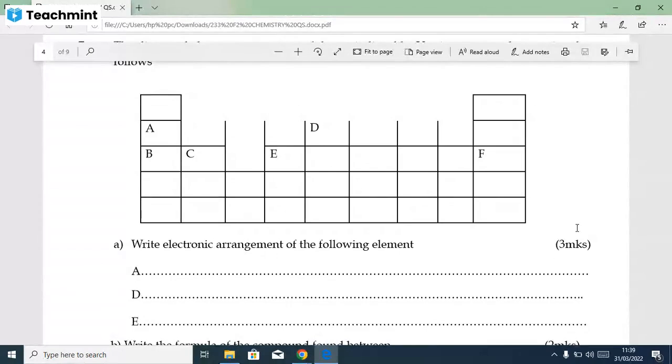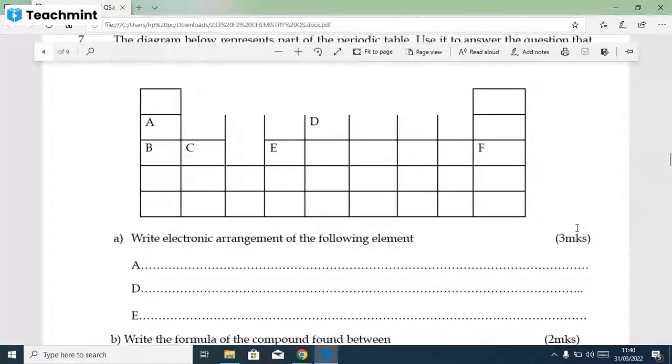When you are asked to write the compound, don't say which compound, just use the symbols that are there. Just use the letters. Are we together? If you say it is magnesium, you lose everything.